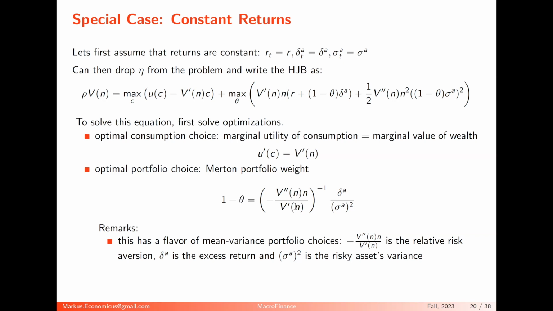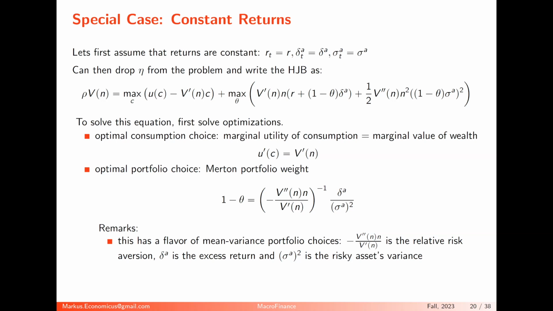So it's actually written here. It is like the standard mean variance portfolio choice. If you have a standard undergraduate mean variance problem with normal payoffs, you would get a similar formula. That's essentially the Merton portfolio weight. In continuous time, you get exactly what you would get in discrete time with a portfolio problem.